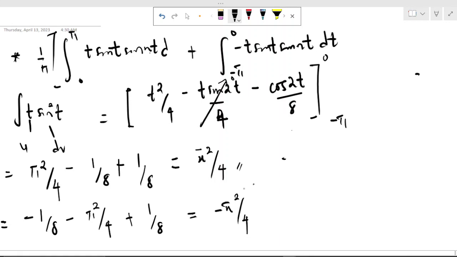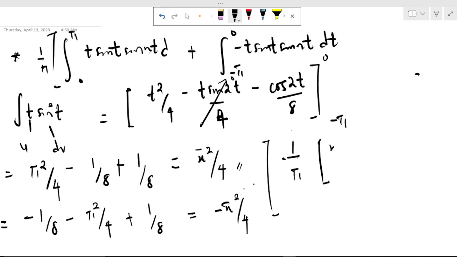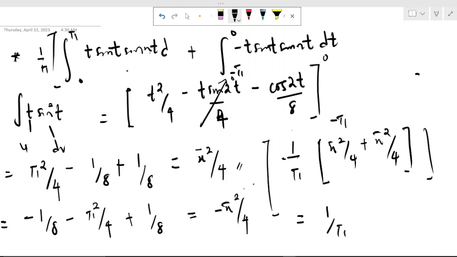It means that for this expression here, we'll have 1 over pi. We have pi square over 4, which is this. And this we have minus pi square over 4. But there's still a negative sign here. So that gives us plus pi square over 4. So we are left with 1 over pi times pi square over 2.